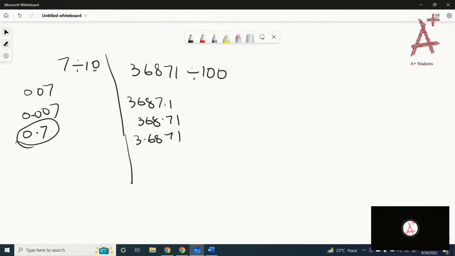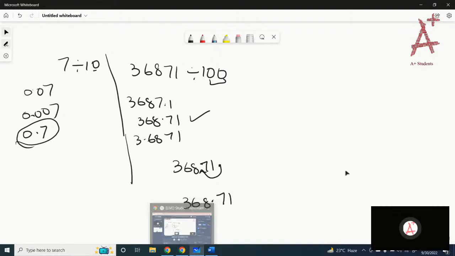Do you know the answer? Very good. The second option is the correct one, because here you have two zeros with the 100. So that means you have to move the decimal point two places left. So when you move it from here to here, it would be then 368.71. Got it?